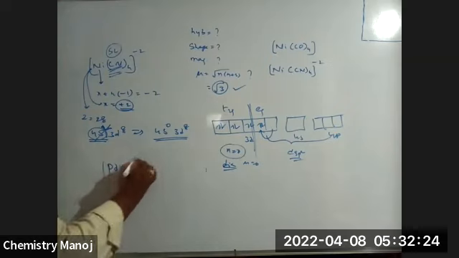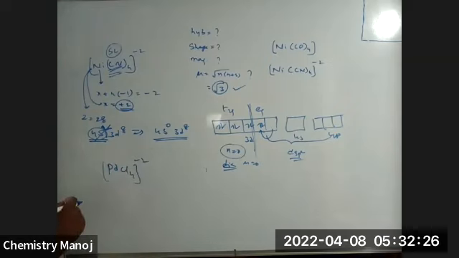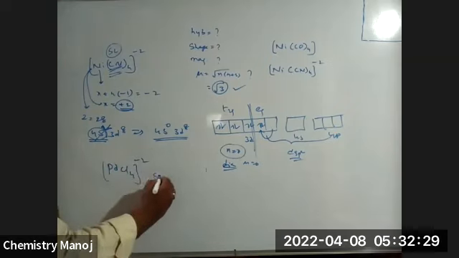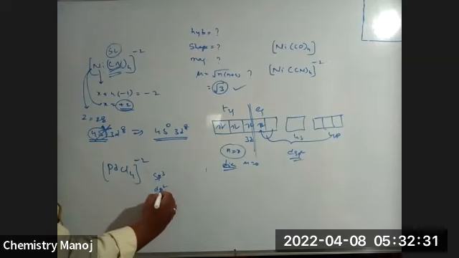Now tell me, my dear, [PdCl4]2-. Here, is the hybridization sp3 or dsp2? Because the coordination number is 4, only these two are possible.